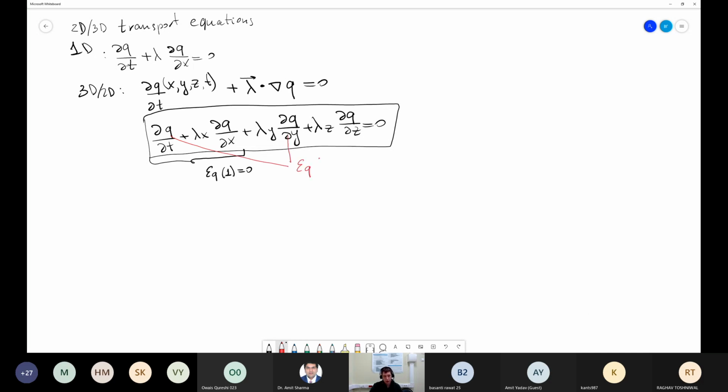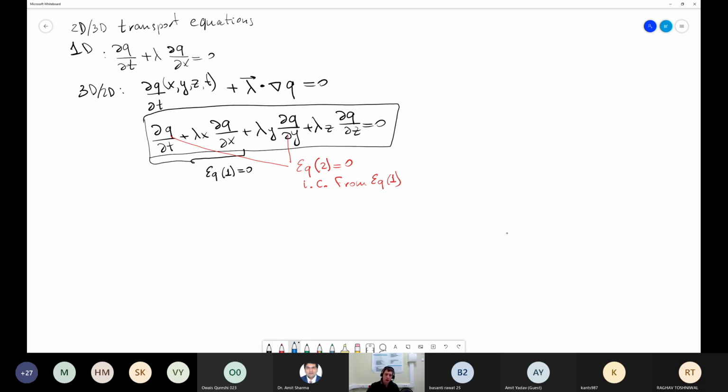Equation 2 equal to 0, with the initial condition obtained from the solution of equation 1. Then dq over dt plus lambda y dq over dy equal to 0.